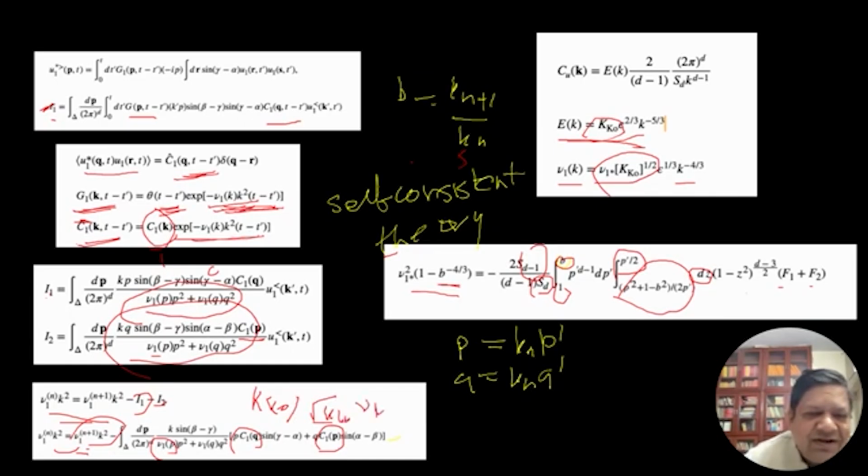The left hand side also has a nu n, so the left hand side will have square root of k Kolmogorov as well. So the Kolmogorov constant gets cancelled, and there is one nu star on the left and one on the right, so that becomes nu n squared.